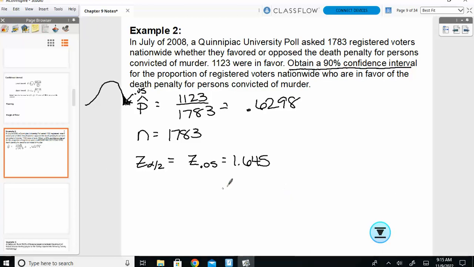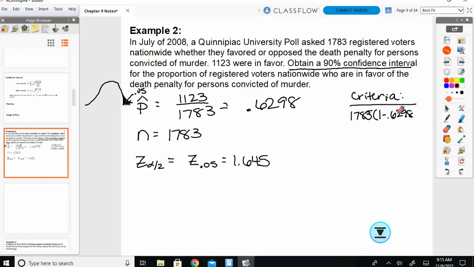We do need to verify the criteria since we're talking about p-hat. I tried to put some blank slides in your notes packet as well, so if you need extra room. So the criteria for p-hat, there's 2 of them. We had to know them for our quiz yesterday. What's the first one? N times p times 1 minus p is greater than or equal to 10.